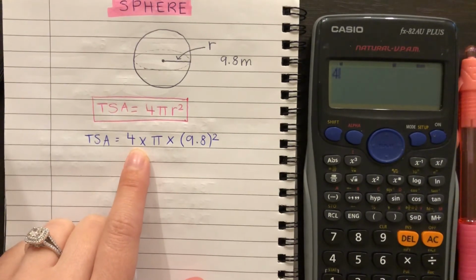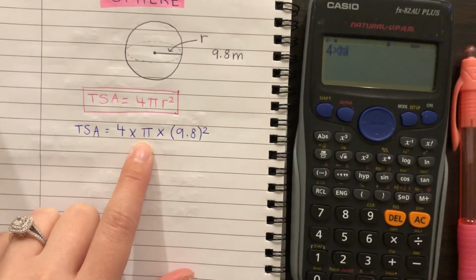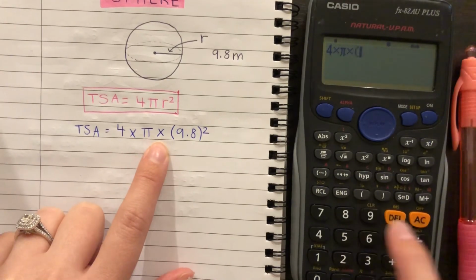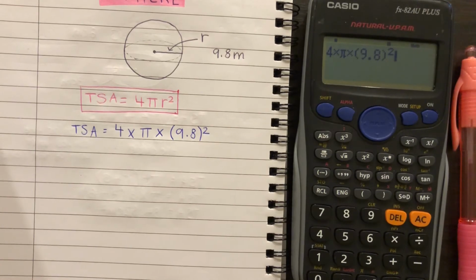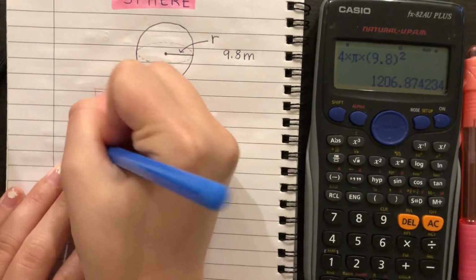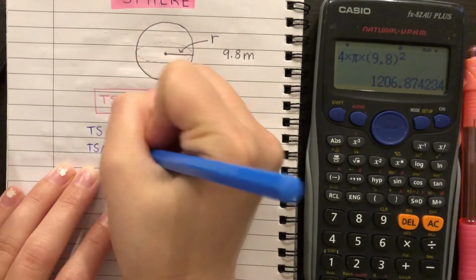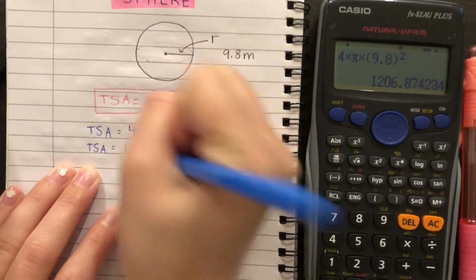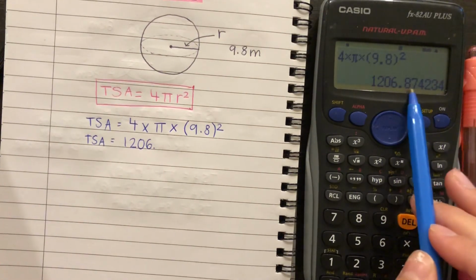So 4 times pi, the actual button, another thing I always say, times 9.8 squared, okay, equals, and the total surface area equals 1,206.87 to 2 decimal places.